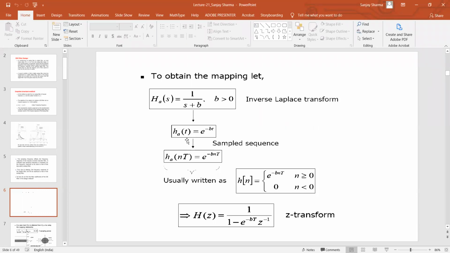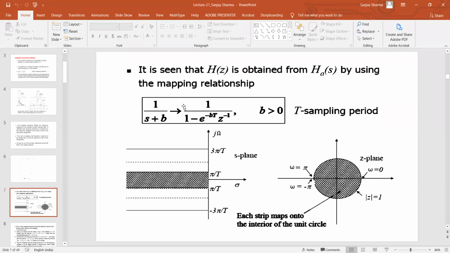Then you sample this impulse response by replacing t with n capital T, so you will get this. Once you take the Z transform, it will be equal to 1 over 1 minus e to the power minus b capital T Z to the power minus 1. So this becomes the transformation. In the impulse invariant method, 1 over S plus b is converted into a digital filter using this transformation.